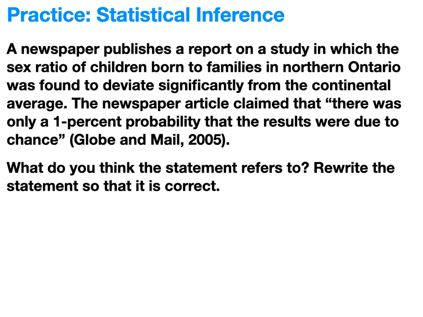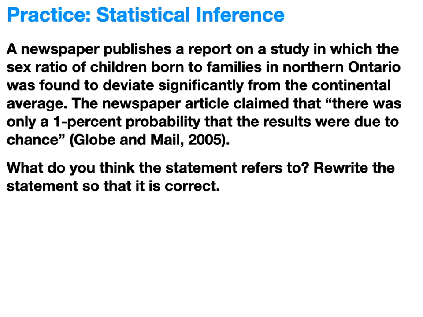Okay, so the next couple of slides have examples of quotes from out in the world about null hypothesis testing. This one has to do with a newspaper report looking at a scientific study on the sex ratio of children born to families in Northern Ontario. That study found that in Northern Ontario, the sex ratio at birth significantly deviated from the North American average.